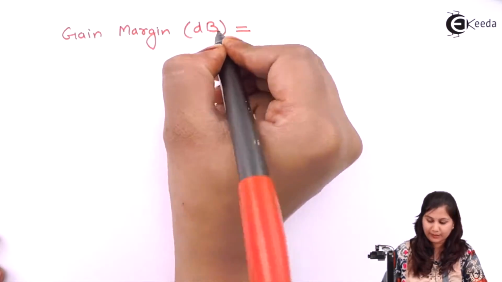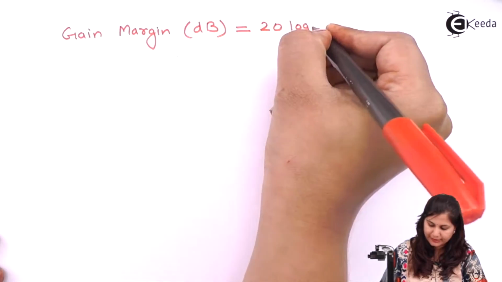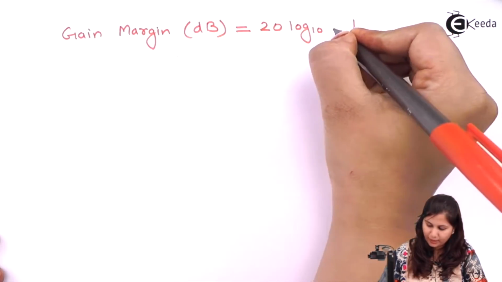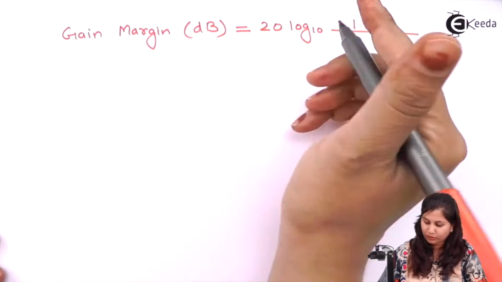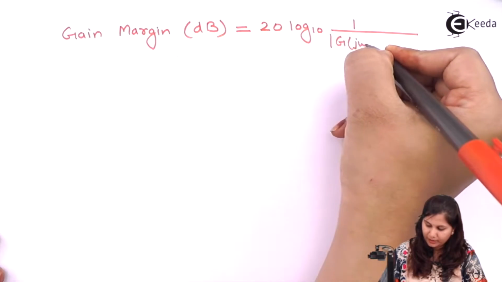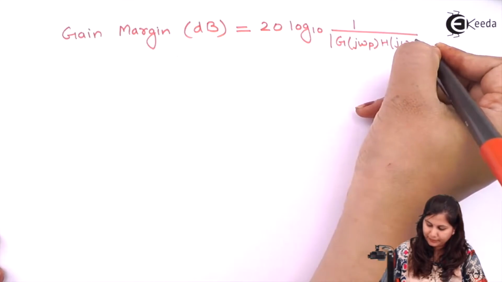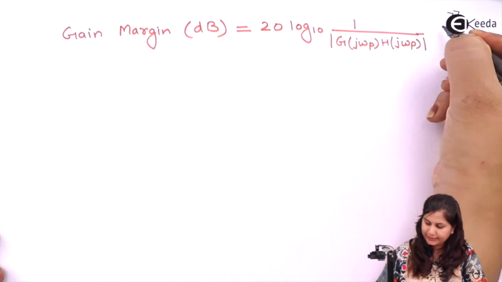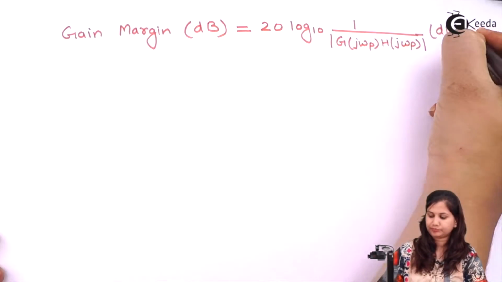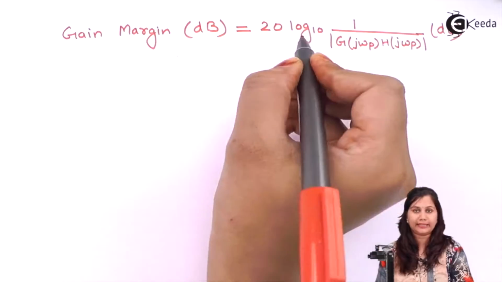Its unit is decibel, and it is given by 20 log to the base 10 of 1 upon the magnitude, that is |G(jωp)H(jωp)|, in dBs. So that is the formula for the gain margin.